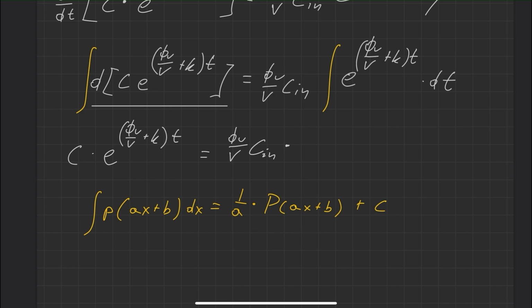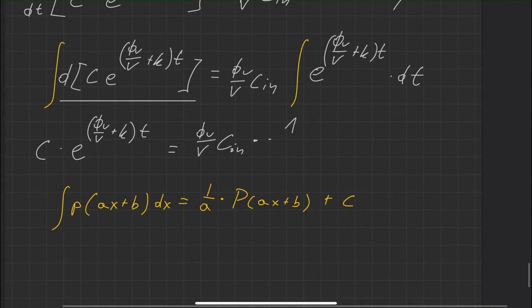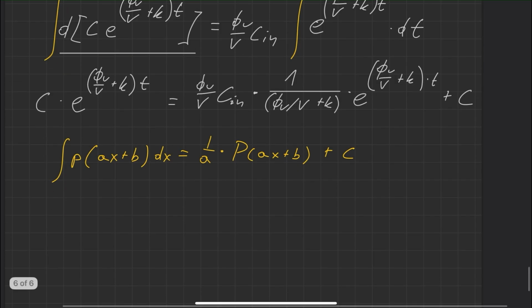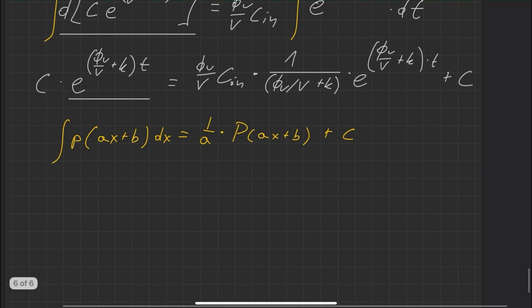So what do we actually have? We have this crazy expression, 1 divided by flow rate divided by volume plus k, times e to the power of volumetric flow rate divided by volume plus k times t plus c. Okay, so now once again we can divide both sides by this expression to clear out everything and get our final concentration expression.